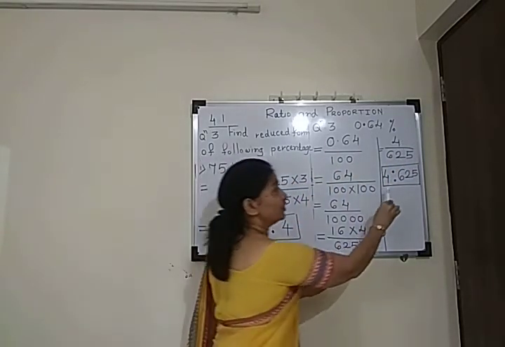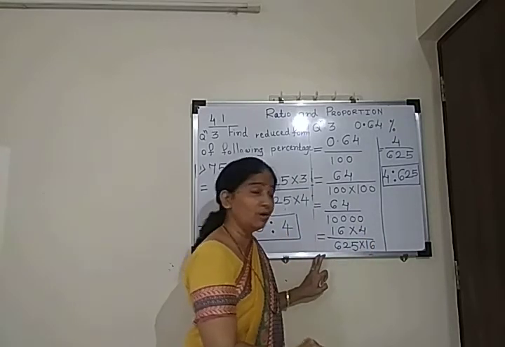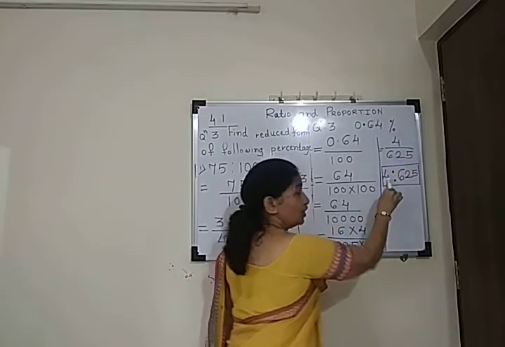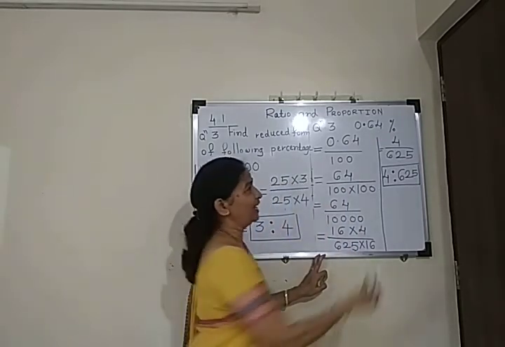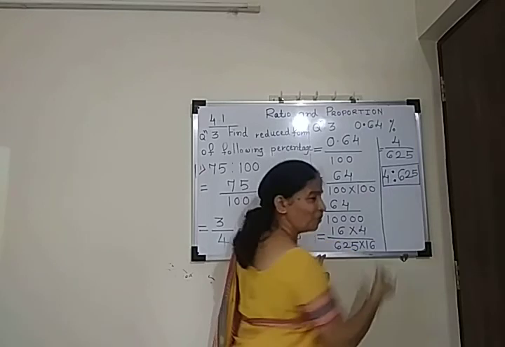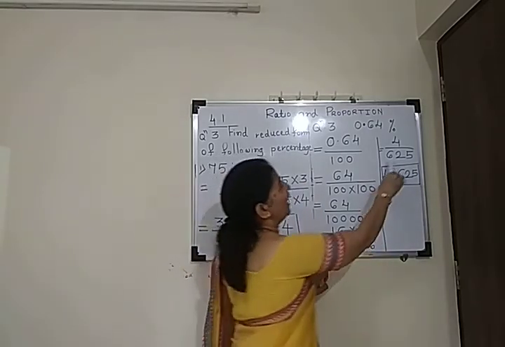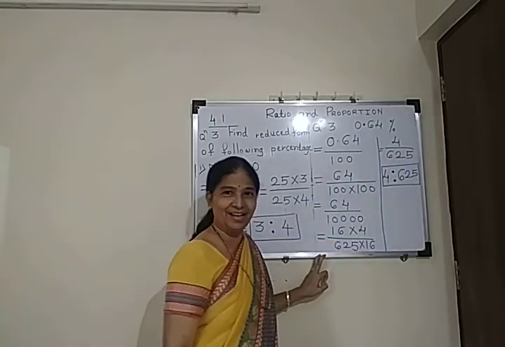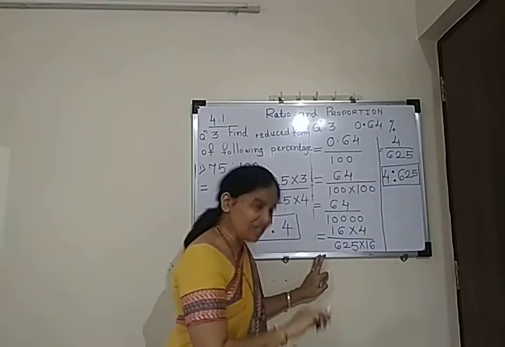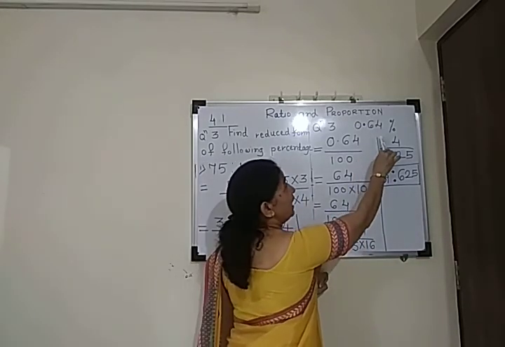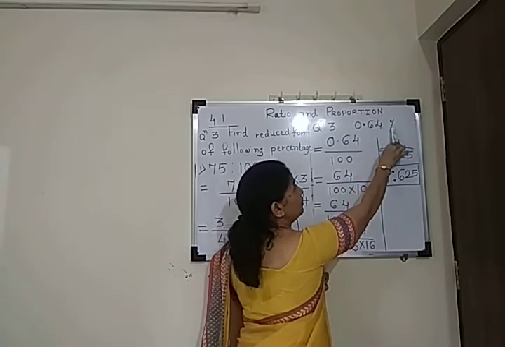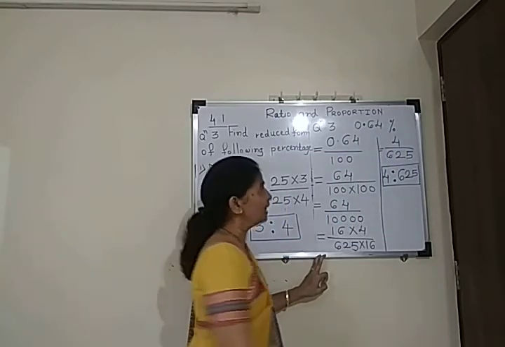But they ask me for the ratio, no? So at first I wrote 4, which is the numerator. Then I made this sign for ratio, and I wrote the denominator 625. In such a way, we express this 0.64% in the reduced form.